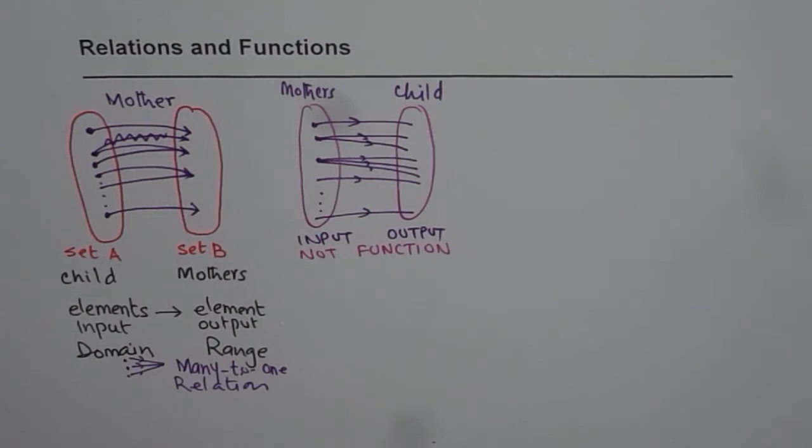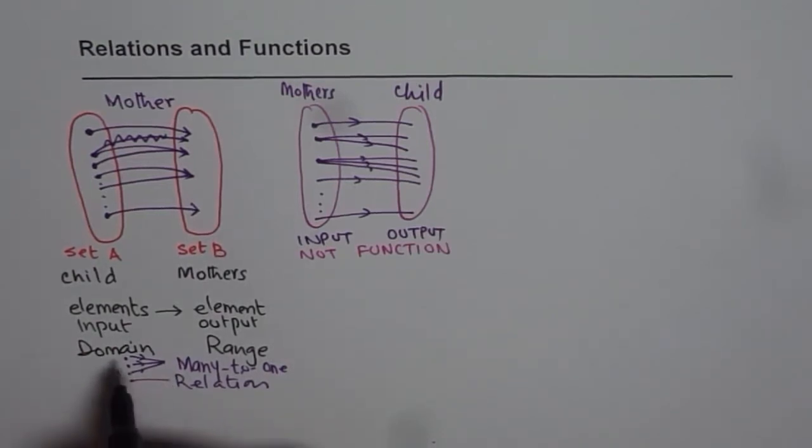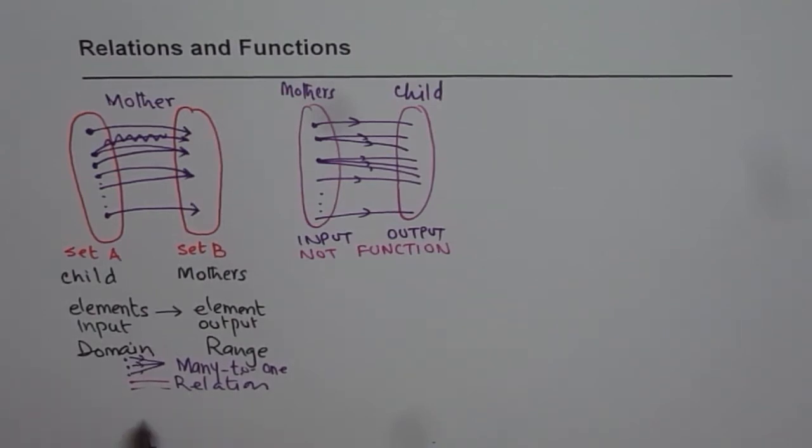So that is how we distinguish between relations and functions. Even if it is many to one relation, it could be a function since each element in our group is actually associated with just one element. Now in many to one it is possible that we may have one to one also. But if even one has many to one relation, it will be called many to one relation.